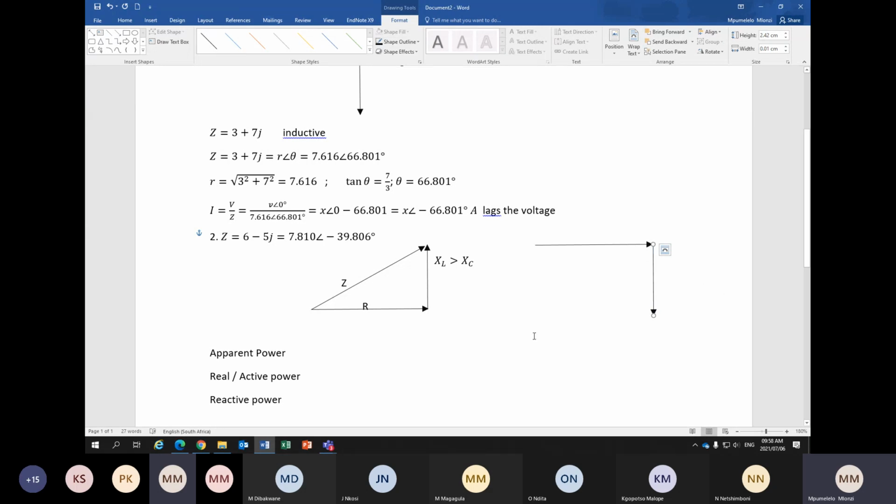Meaning we will have this as our hypotenuse.